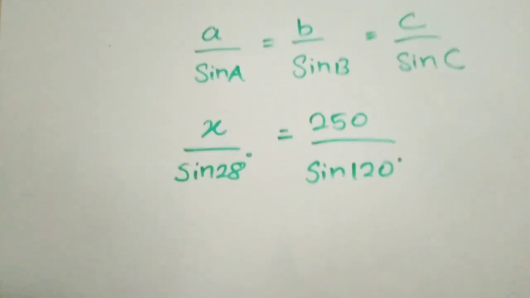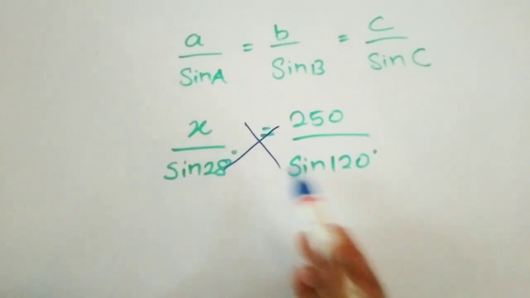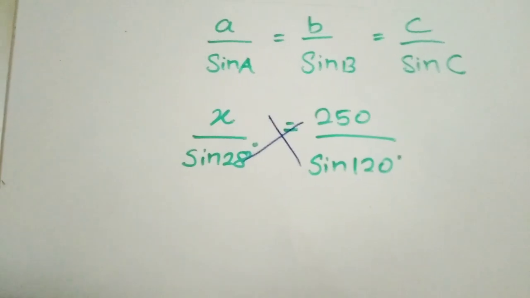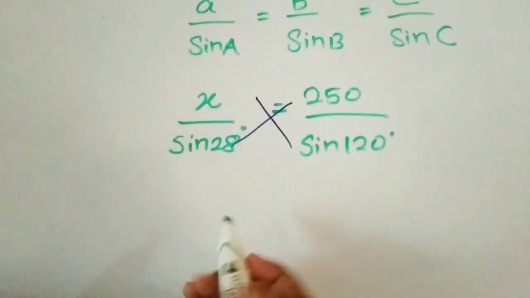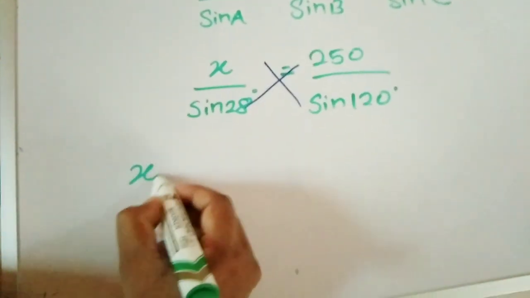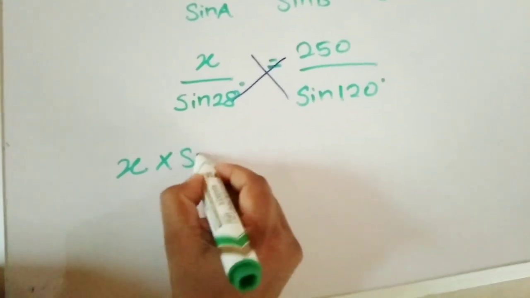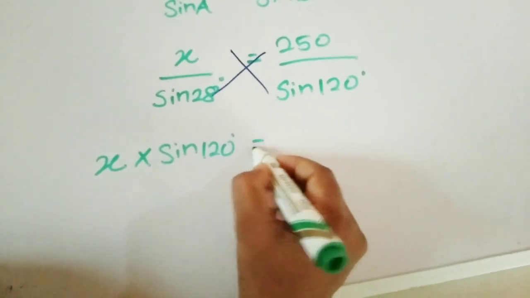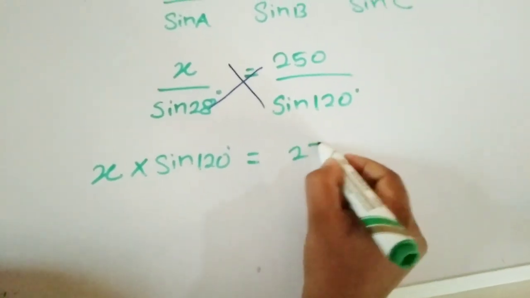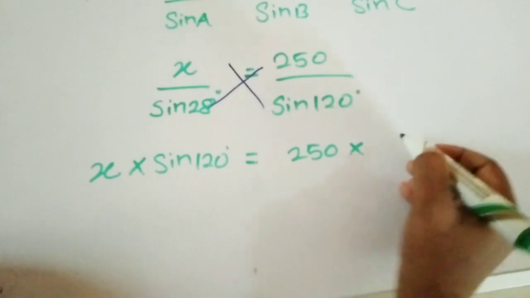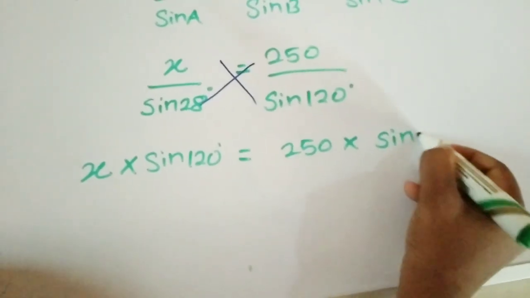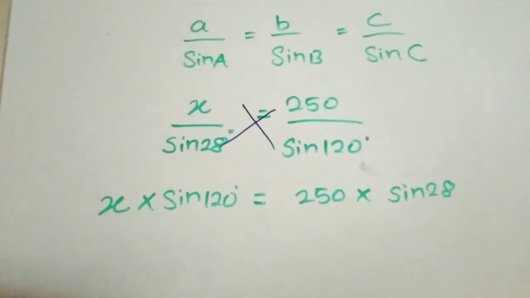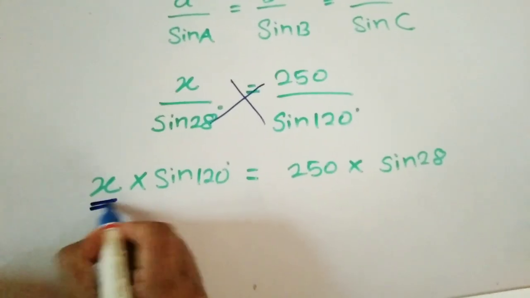Now how can we solve for x? We have to cross multiply it. x into sine 120 is equal to 250 into sine 28. Okay, let's make x the subject here.